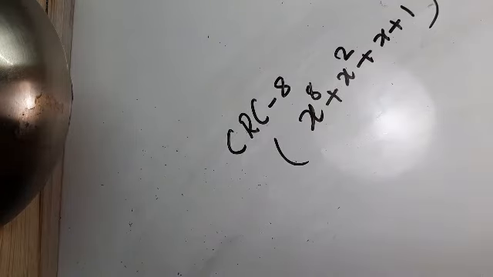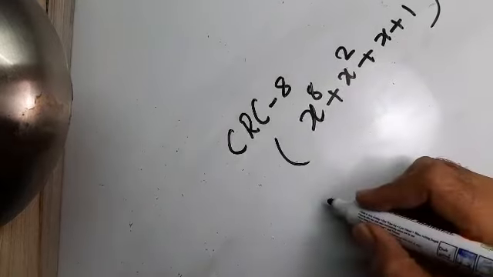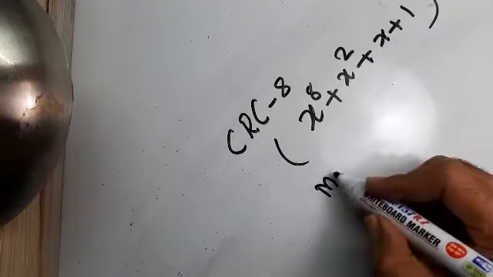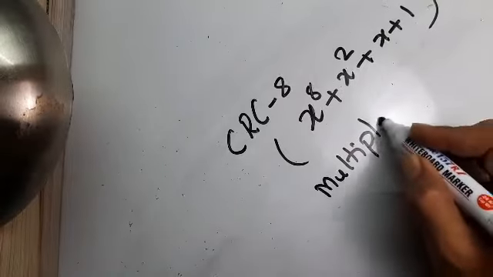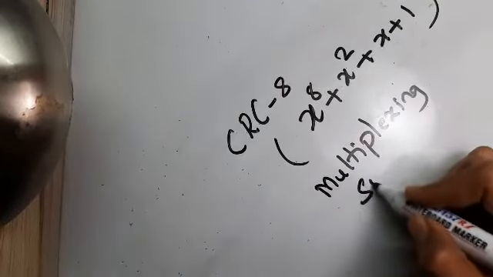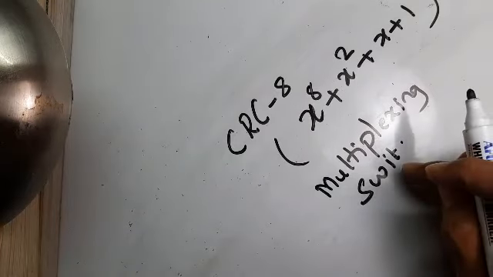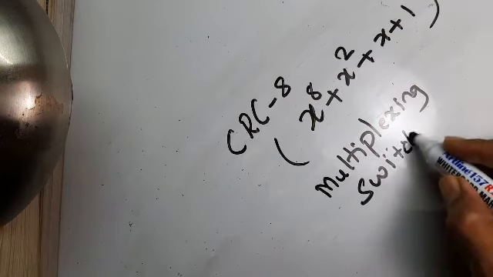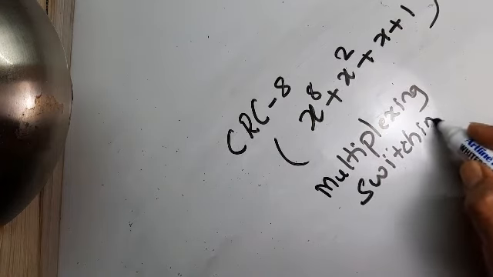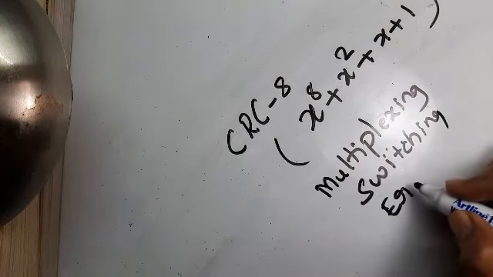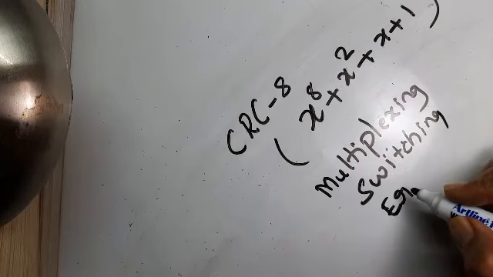Till now we have discussed 3 chapters in this module: multiplexing, switching, and last one, error detection and correction.